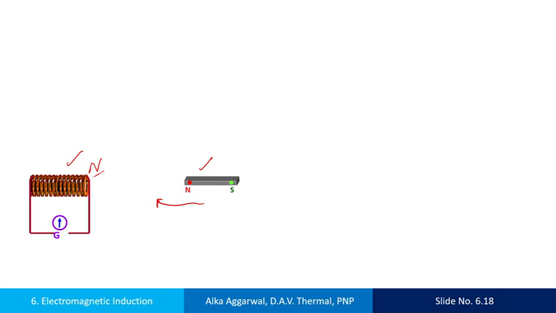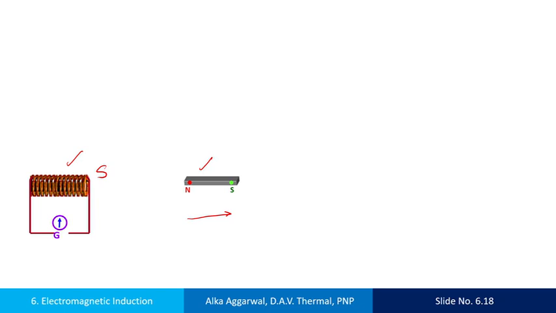Similarly, if one is taking the magnet away from the coil, as the magnet is going away from the coil, then the polarity develops at this end. The current flowing in the coil is such that the south pole develops at this end.